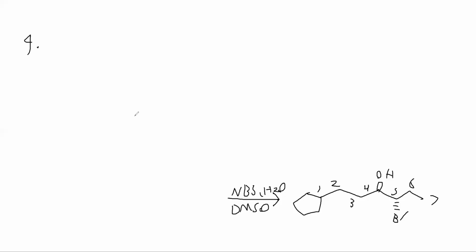An alkene between 4 and 5, yes. So this reaction adds an alcohol and a bromine, and it does that by reacting with an alkene, the carbon-carbon double bond.